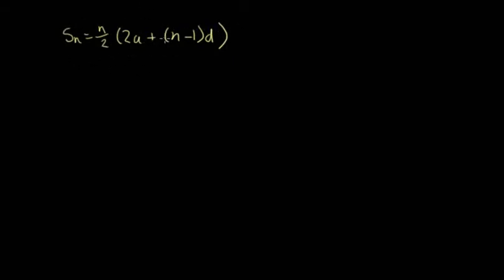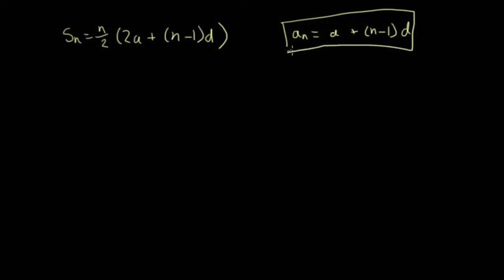The arithmetic sequence formula, which I'm going to write as a plus n minus 1 d, this one you need to memorize. This one you are given. Okay, so we're just going to keep these up here because we want to refer to them.